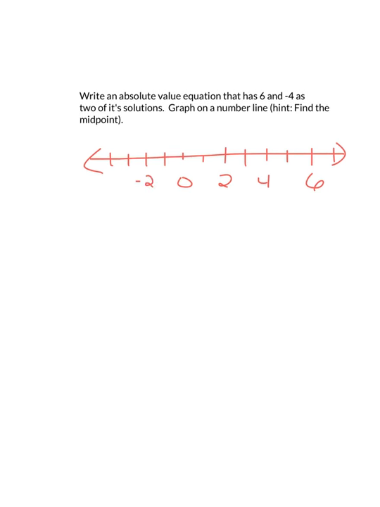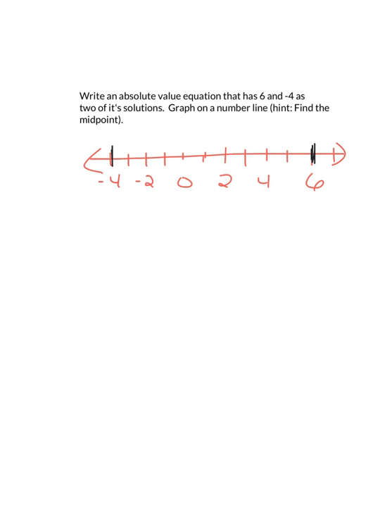Let's go ahead and draw a good number line here. All right, so 6, 0, -2, -4.